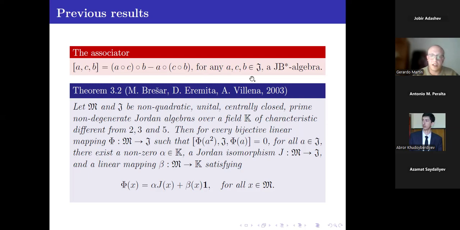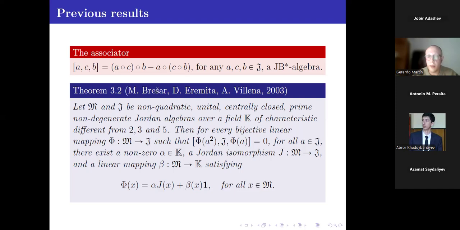So in the setting of Jordan algebras, we have the following result by Bresar, Eremita, and Villena of 2003, which says the following. Let M and J be non-quadratic unital centrally closed prime nondegenerate Jordan algebras over a field K of characteristic different from 2, 3, and 5.